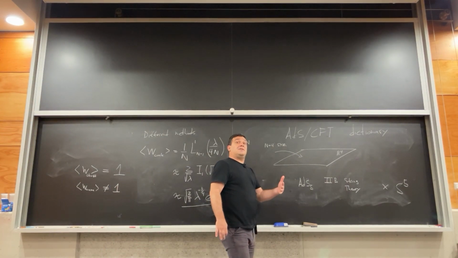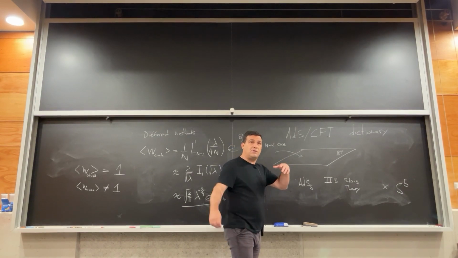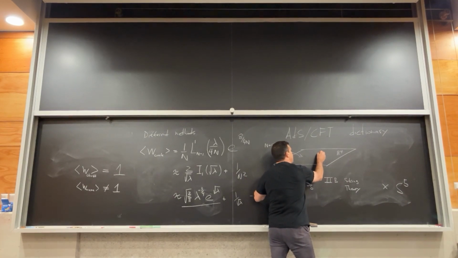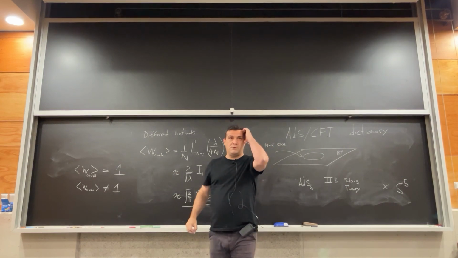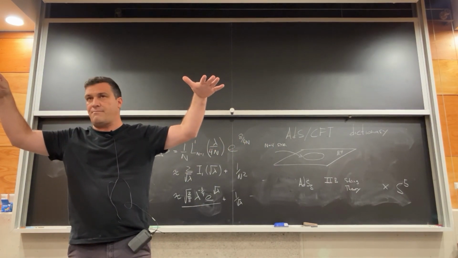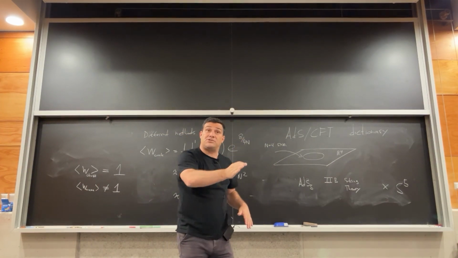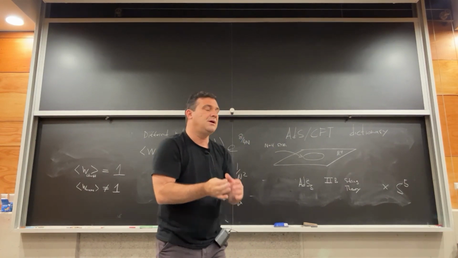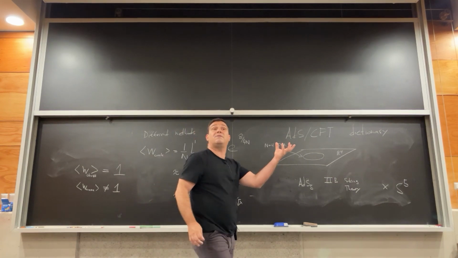What does the dictionary say? The dictionary says, do you want to compute a Wilson loop in N=4? Draw the curve that you're looking at. So in our case, it's a circle. Now interpret that curve as living in the boundary of AdS, and then try to find the minimal surface that we interpret as an open string in AdS, such that the surface pinches the boundary at the curve.